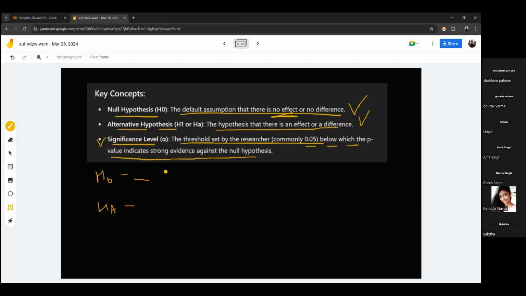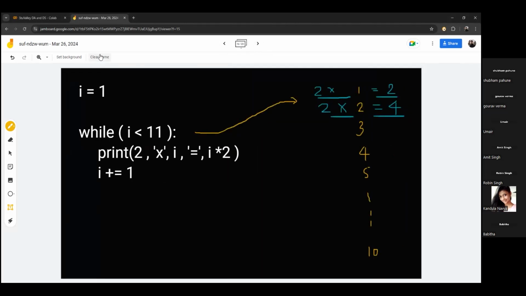We assume that there is no change. Usually in the medical field we have a very low significance value, maybe 0.3, because we don't want much error, right? So that's why we take a very low significance value.